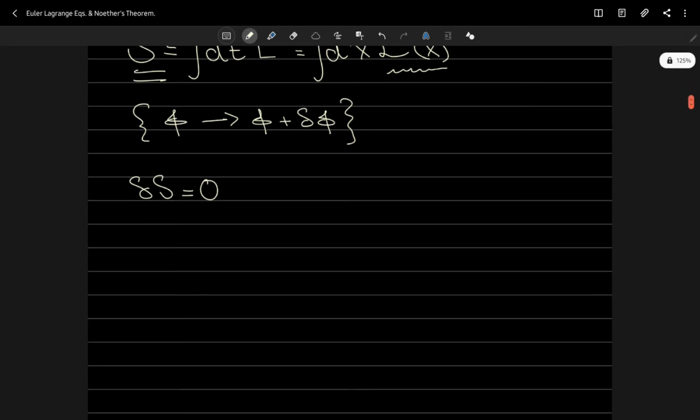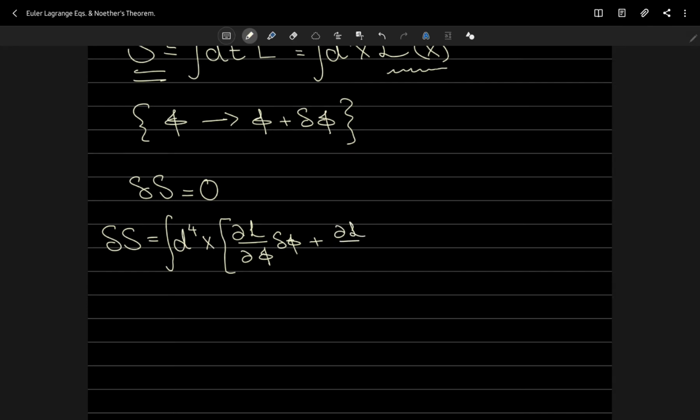We can write delta S is equal to the integral d4x times the change in this Lagrangian density, which would simply be partial L over partial phi times delta phi, that is the change in your field, plus partial L over partial (partial mu phi) times the change in the velocity of the field, partial mu delta phi.